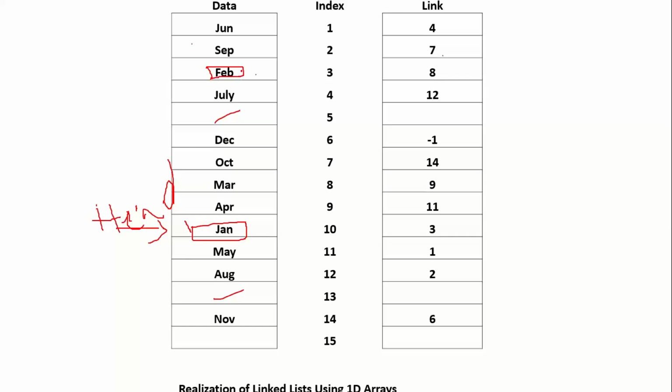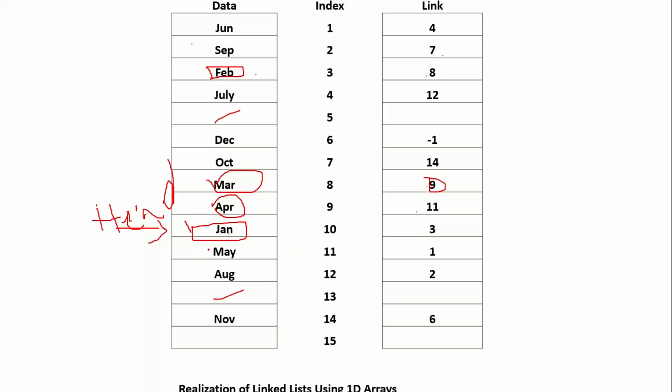Now you want to go to March, and the link shows index number 8. So this is March at index 8. From March you want to move on to April. It shows 9, so again 9. Here is April. And May, see here 11.